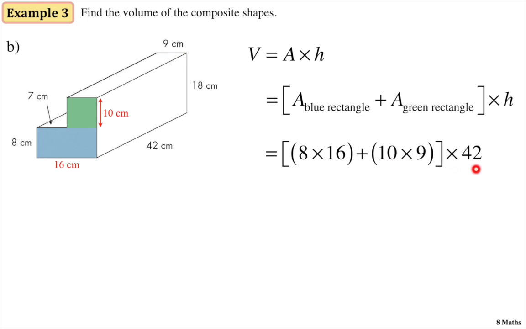And I'm going to times it by 42 because 42 centimeters from front to back. Again, you don't have a square bracket button on your calculator, so you use a rounded bracket. So you're going to go left bracket, 2 brackets in a row, 8 times 16, right bracket, plus left bracket, 10 times 9, right bracket, times 42, and that'll give you your answer of 9,156 cubic centimeters.